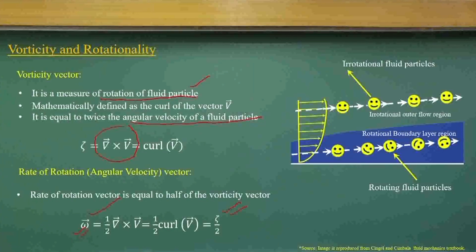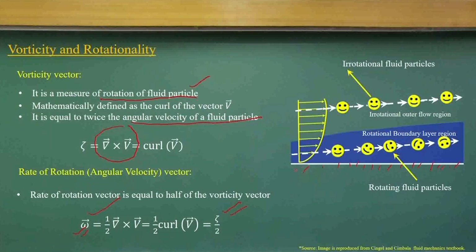For example, look at this very interesting figure, modified from Cengel and Cimbala's book. Please remember this figure, which is very interesting from a fluid mechanics student's point of view. When you have a flow passing over a plate, you can anticipate a viscous effect zone, which is called boundary layer formation.